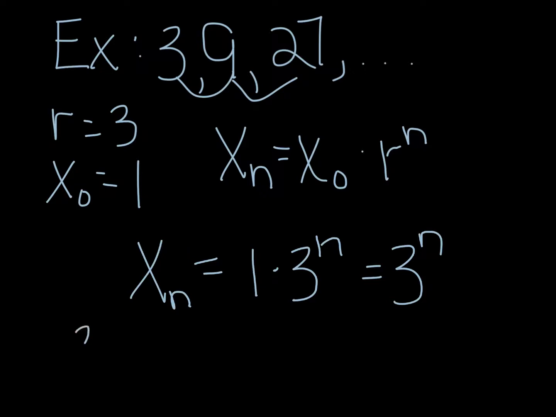The second term would be 3 to the second, which is 9. The third term would be 3 to the third, which equals 27. So the explicit formula that we came up with does work. x sub n equals 3 to the nth power.